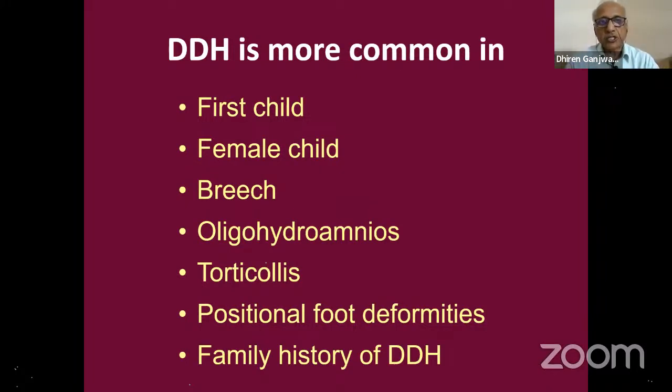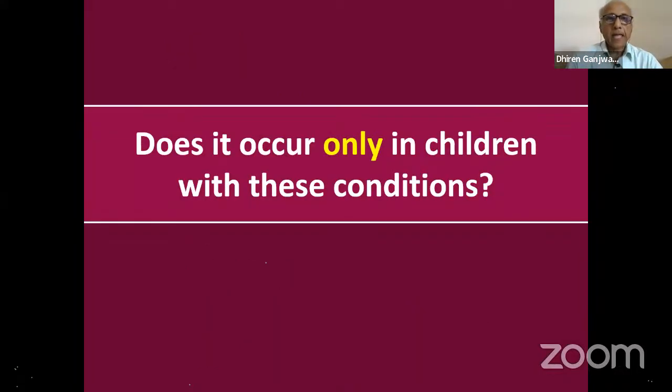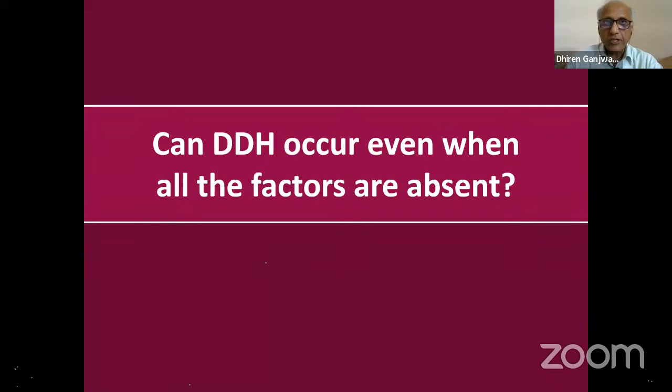These are the conditions which have been associated with DDH. The next question, does it occur only in children with these factors? The answer is no. The next point, can DDH occur even when all these factors are absent? The answer to that is yes, it may occur.